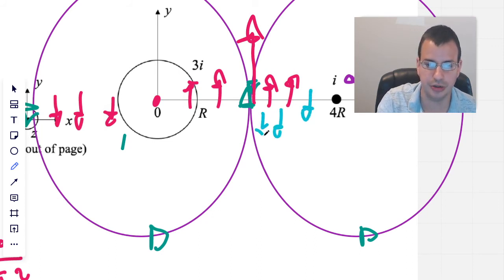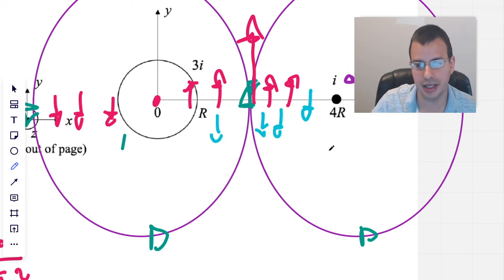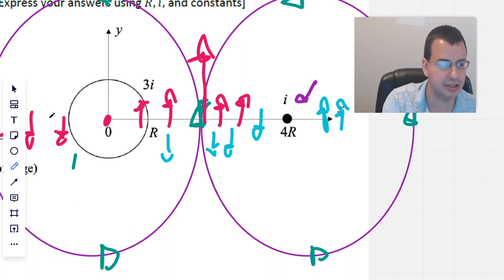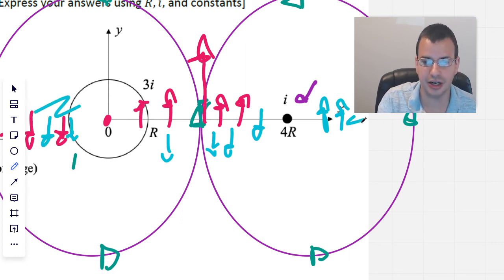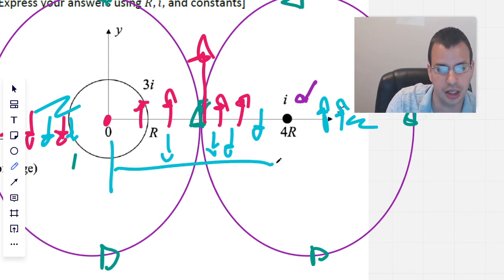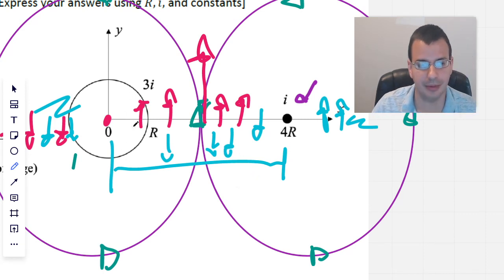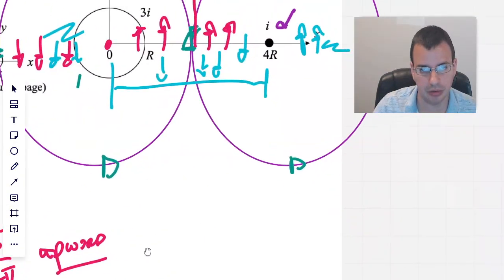That's where they oppose. But then it creates upward over here and downward over here. So on this side and that side, the two wires actually reinforce each other. The only points where they oppose each other are in this region right here, so we have to find a point along here where the magnetic field is 0. I'll do it right here.